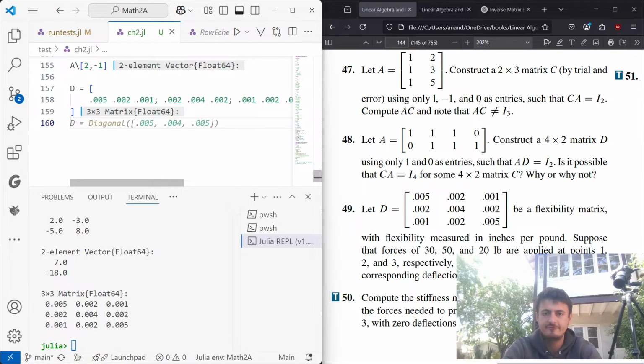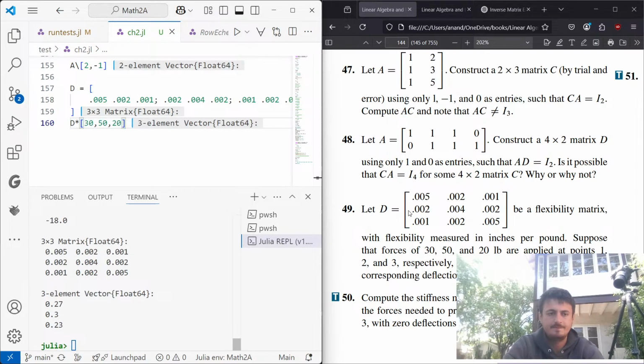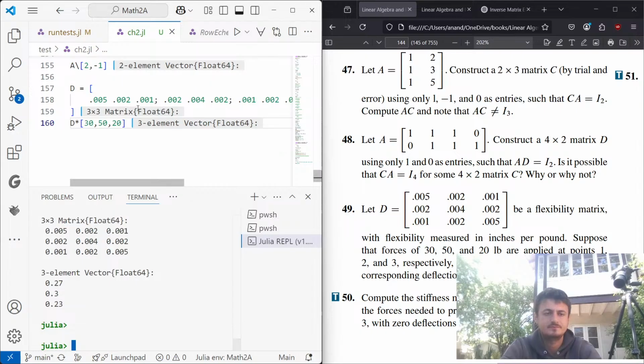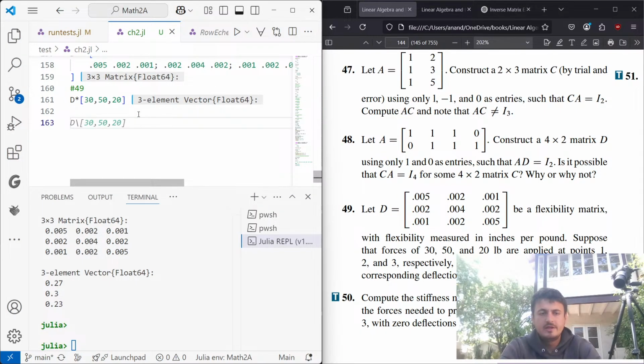Okay, so for problem 49, it's going to be D times 30, 50, and 20. So it's going to deflect less than an inch. This is 49. Then for that much, it's going to be very little.